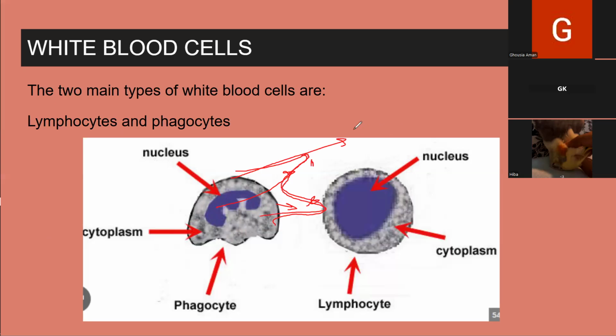These false extensions are called pseudopodia. What are pseudopodia? False extensions or false arms to swim in blood plasma. This is the peculiar nature of the phagocytes.